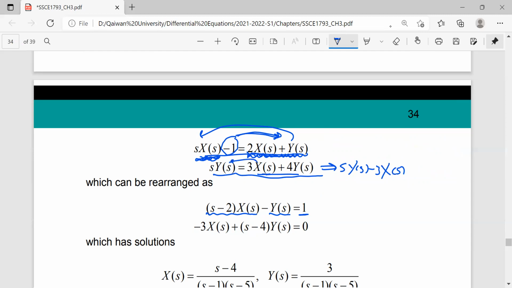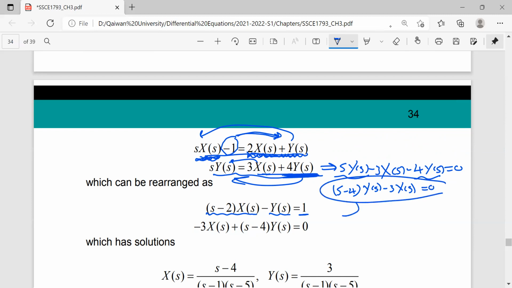When you move to the left, it becomes negative. And 4y of s, when you move to the left, it becomes negative: minus 4y of s equals 0. And here you have two terms with y of s. We take y of s as the common factor, and we get s minus 4 times y of s minus 3x of s equals 0.